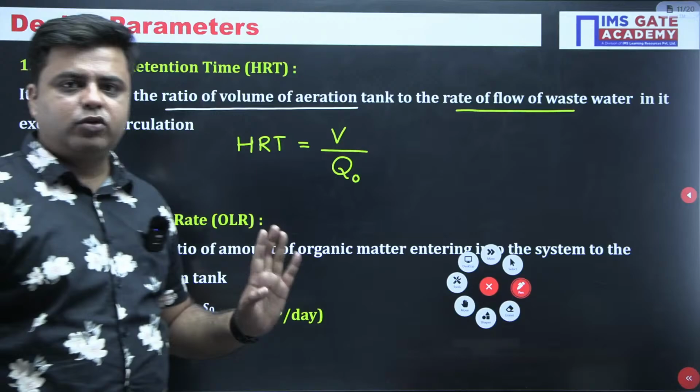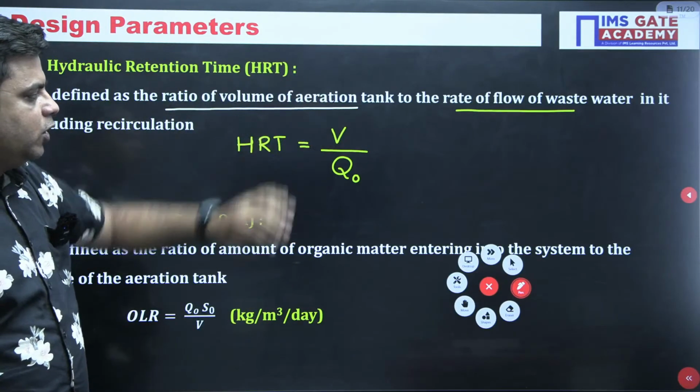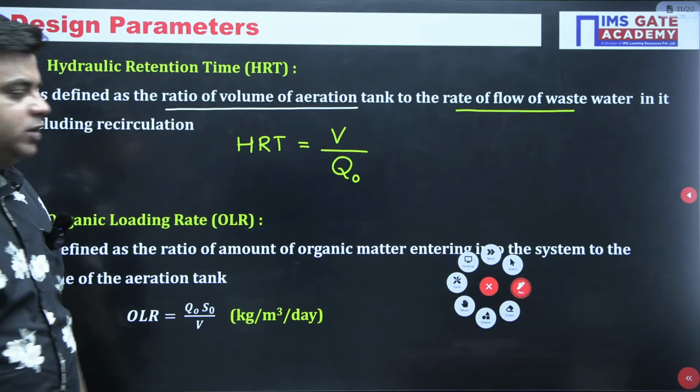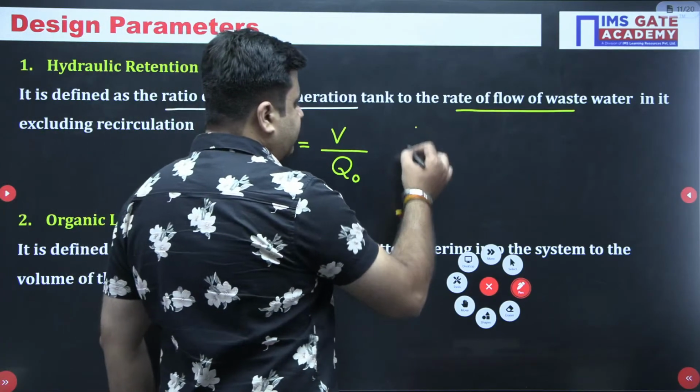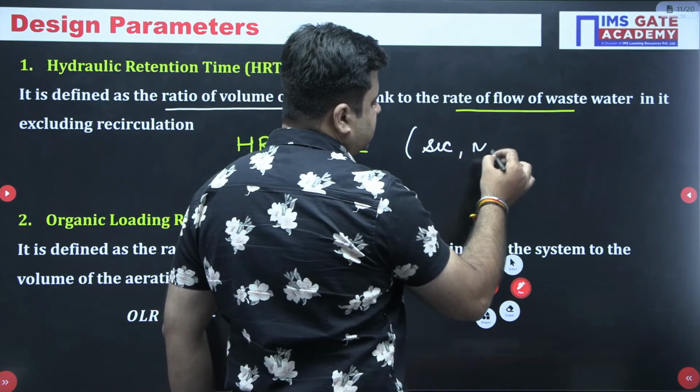You don't have to include recirculation here. So hydraulic retention time is simply the ratio of volume to discharge. The unit of hydraulic retention time is either seconds, minutes, or days.